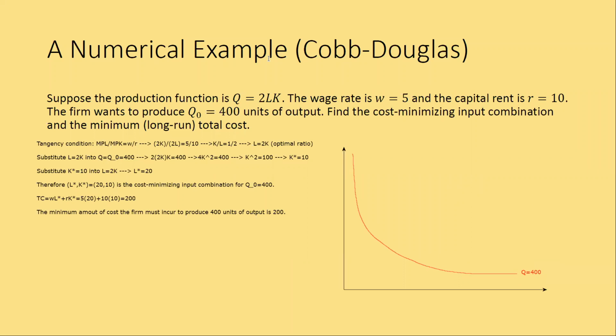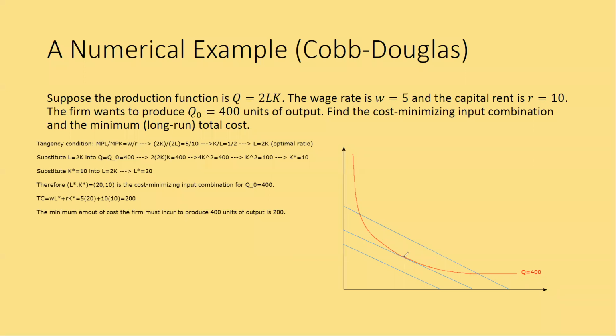And we have our isocost lines that are straight lines. So they are somewhat flat actually, given the wage rate and the capital rent. All right.